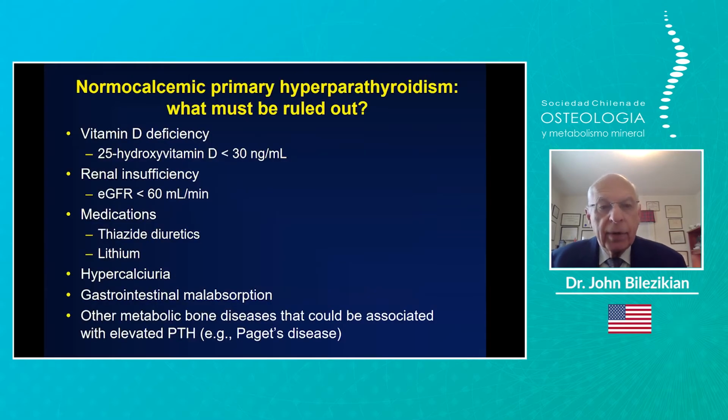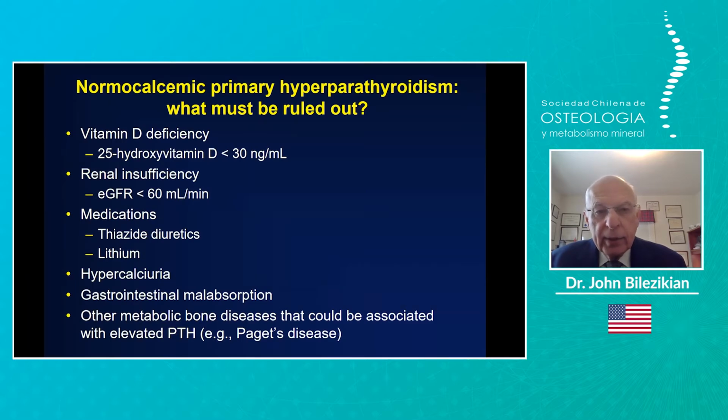Now, as endocrinologists, we know that a high PTH level with a normal calcium is not necessarily a primary disorder of the parathyroids. We have to recognize that there are many causes for a high PTH with a normal calcium.